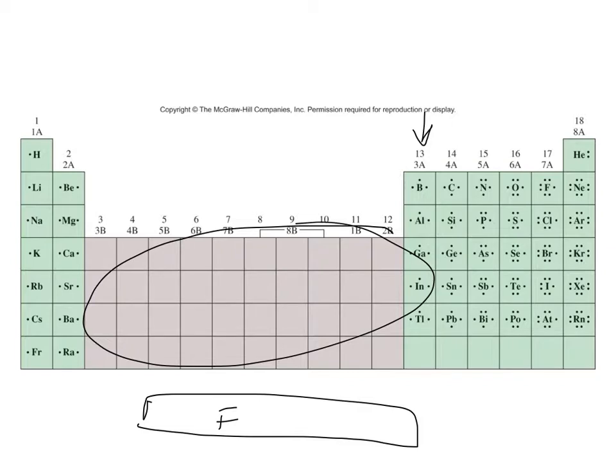Because sodium forming a +1, predictable. Magnesium forming a +2, predictable. Aluminum forming a +3, predictable. Chromium, +1, +2, +3, +4, +5, +6. Unpredictable. Okay? So that's why we don't deal with the transition metals.